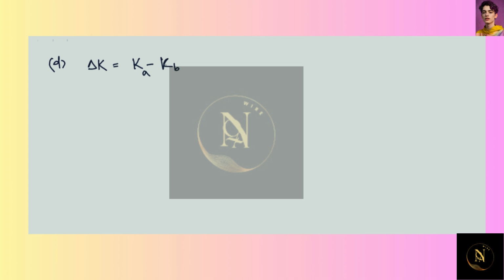Here the arms are at the sides, and we know that kinetic energy for rotational motion is half I omega square. So for the initial case we have half I_A omega_A square, and for the final case we have half I_B omega_B square.